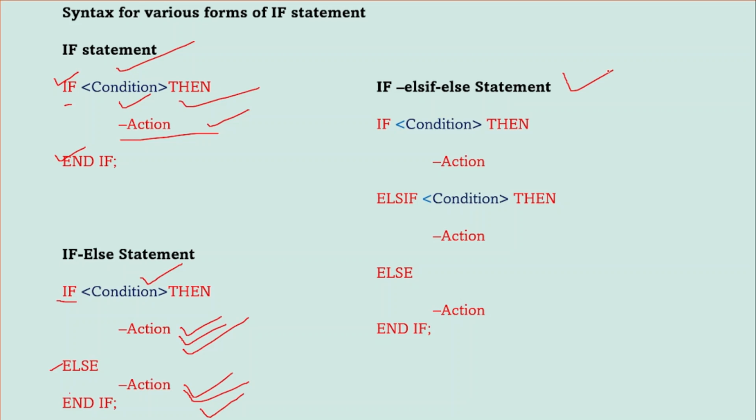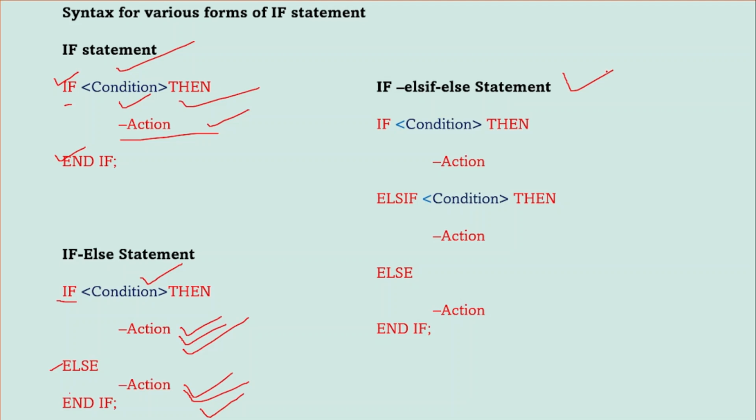For 201 to 400, you need to pay 1 rupee per unit. Then 401 to 600, you need to pay 2 rupees. Then 601 to 800, you need to pay 3 rupees per unit. And finally, at the end, if the number of units consumed is more than 800, then there will be a flat rate of 5 rupees per unit.